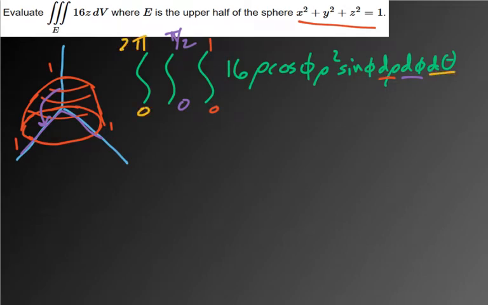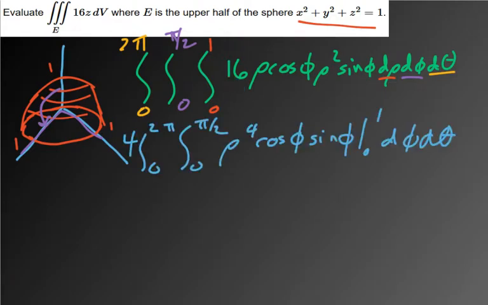So doing this integral out, it's not so bad for rho, which is the first one I have set up, because basically you just have rho cubed, right? So you're going to get rho to the 4th over 4, but we also have this 16, so I'm going to simplify that with the 4th I get. So I would get this, all right? So simplify the 16 and the 4th.